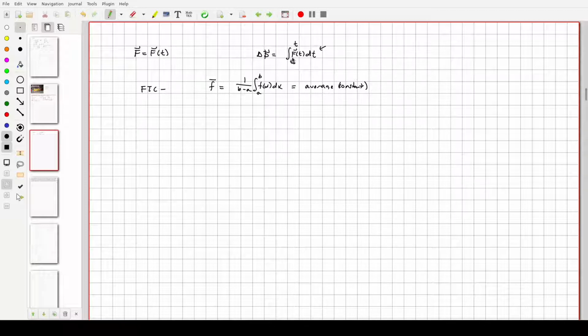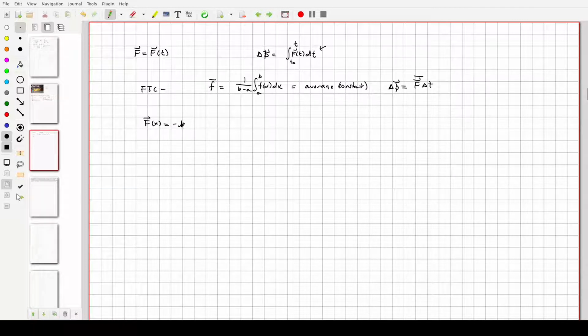And as a consequence, the version of the impulse that you would use would just be whatever your average force is times the change in time, just like what we did before. As an example, consider a spring. The force due to a spring is a function of x, or position, the stretch.